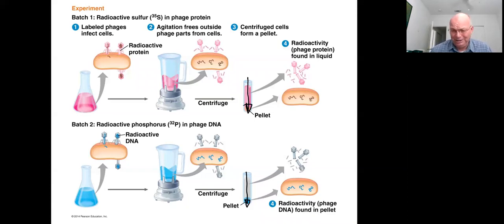It must contain the genetic instructions. And Hershey and Chase went ahead and published this paper in 1952. I forget exactly when in 1952, but I believe it was mid to late 1952 that they published this paper.